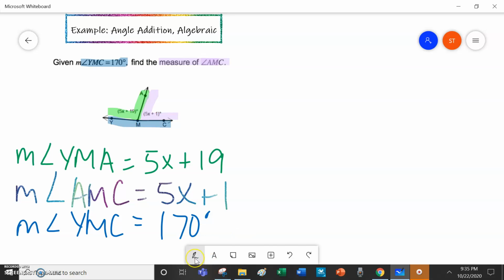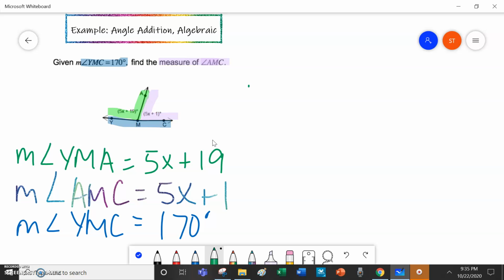Now I'm going to use my angle addition postulate. It states that if I have a larger angle, YMC, and a ray from the vertex forming a new angle between, then the measures of the two smaller angles, YMA plus AMC, will add to be equal to the measure of the larger angle YMC.